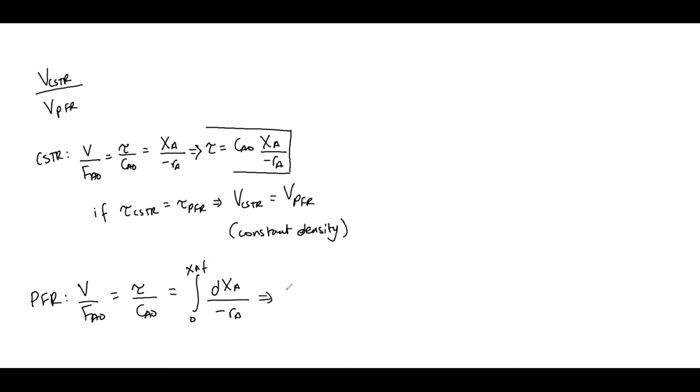And basically, I'm going to rewrite this, so let me just say this CSTR. And tau PFR in this case will be equal to CA naught times the integral from 0 to XAF of dXA over minus RA. Okay, so I have both equations for a CSTR and the PFR.